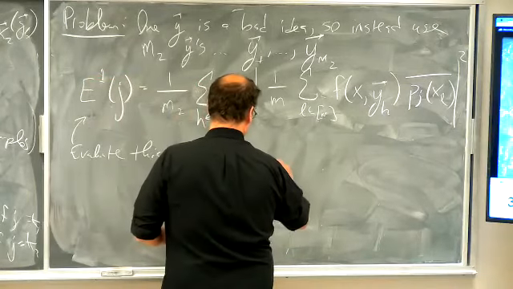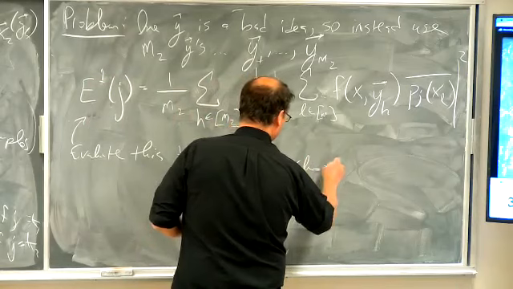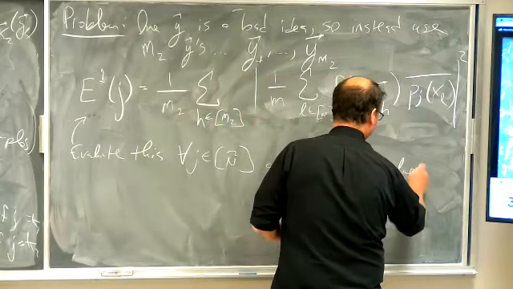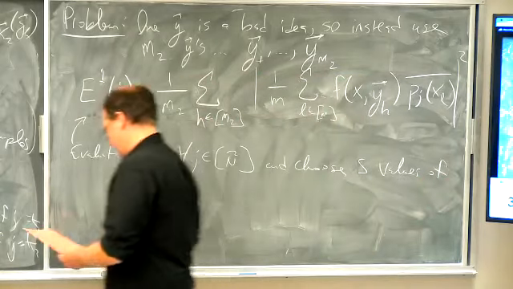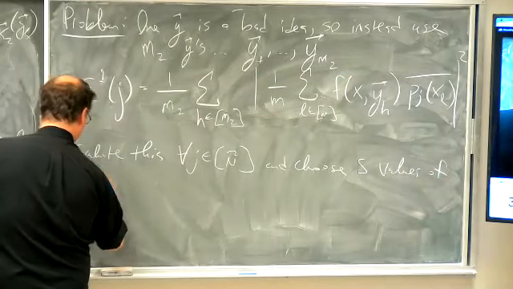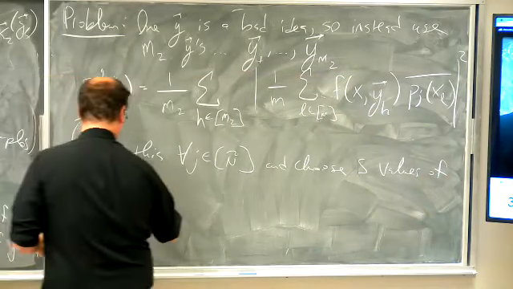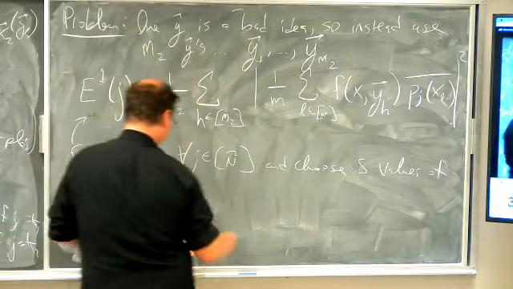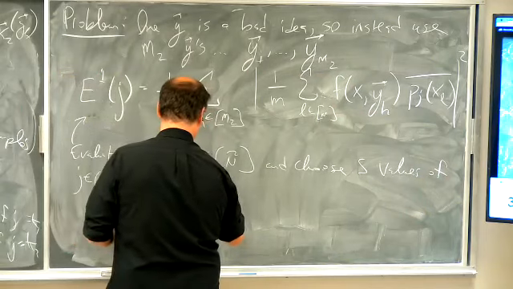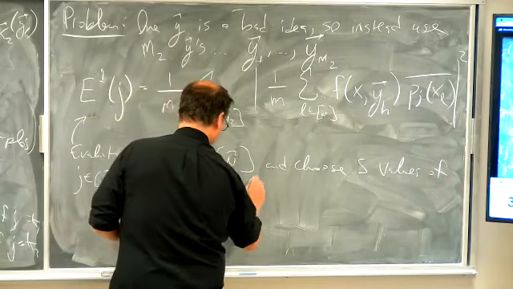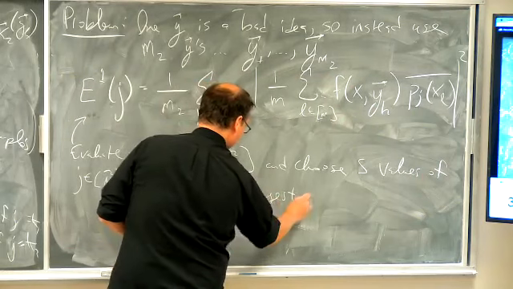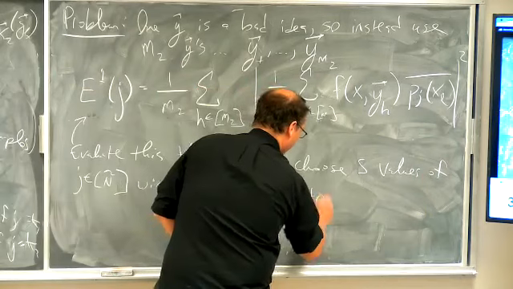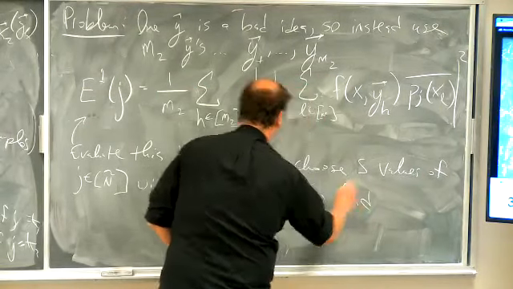And then choose the s values of j with the largest estimated value of this estimator. So with E1J largest. Okay, and that is to find what I want.